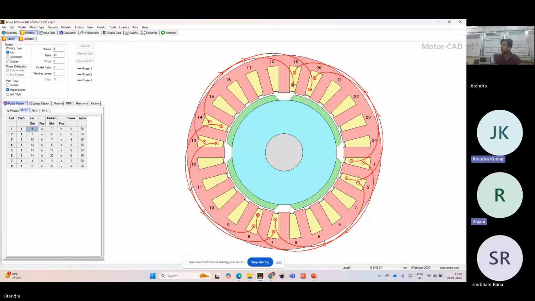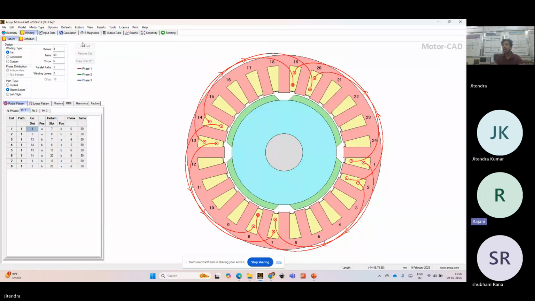So one conductor in the 19th and one in the 14th, two conductors correspond to one turn. That is how two conductors contribute to make one turn.